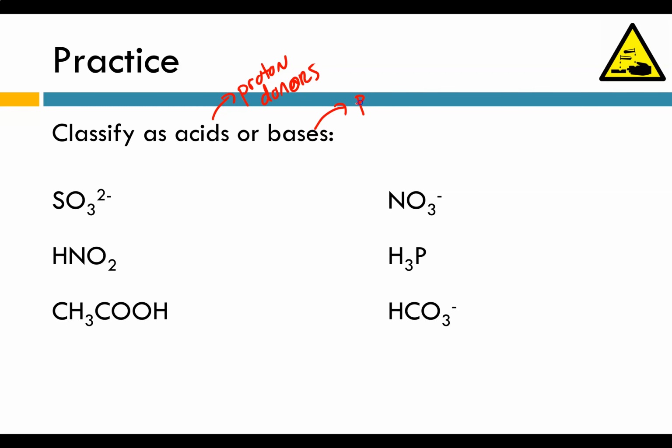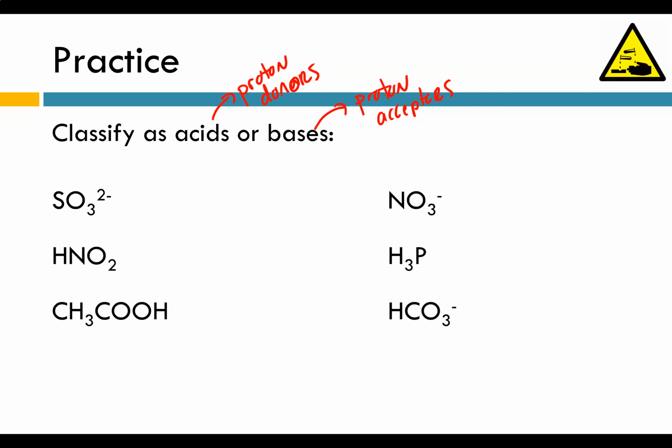Bases have to be proton acceptors. Given those 2 pieces of information, see if you can make predictions about whether the species listed are going to behave as acids or bases, and be able to support your answer. Pause the video, try them out.